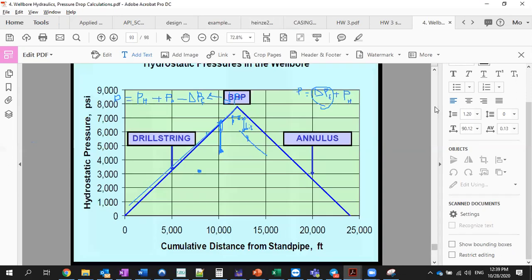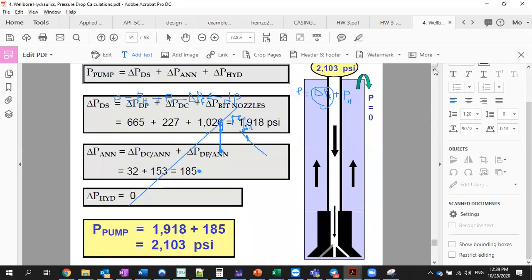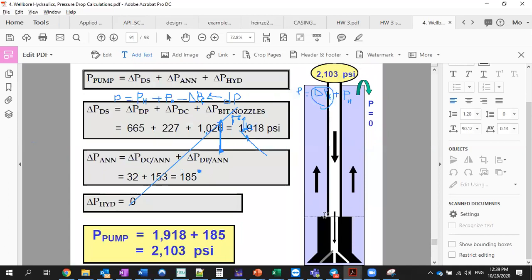So let me go up. Because we calculate the pressure loss at any point inside the annulus by considering what? From the surface to this point. So this is the pressure loss, this is the hydrostatic, and pressure at the surface of the annulus is 0. Pressure at the surface of the drill pipe is 2000, which is pump pressure.